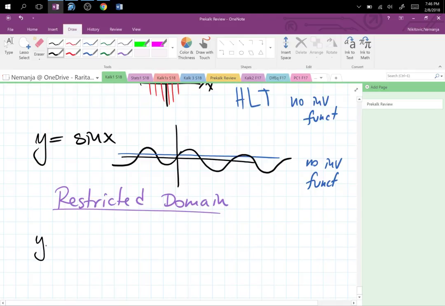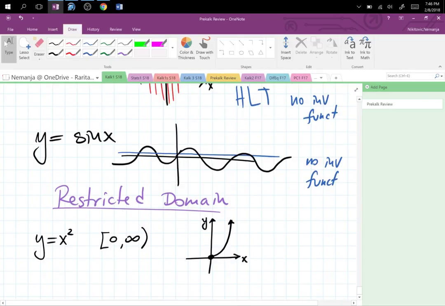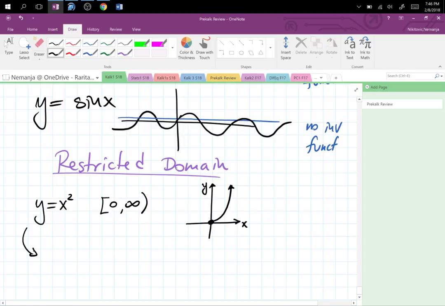If I have my y equal x squared on a domain 0 to infinity, I get to draw only half of the parabola, and then its inverse, f of -1, is just a positive root branch, because the negative branch is no longer there because we cut it off.